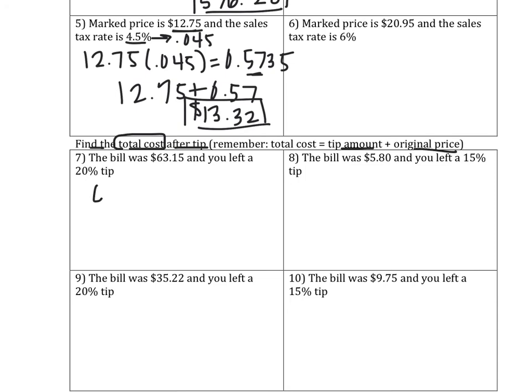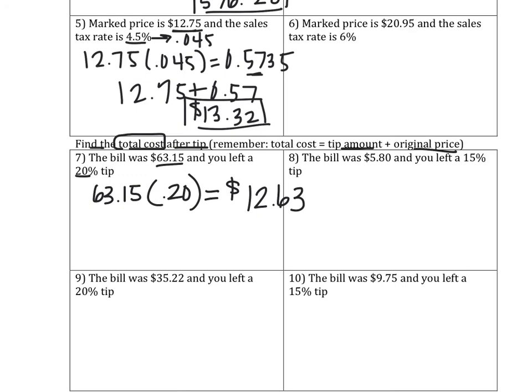So it's going to be $63.15 times the tip, which is 20% of the $63.15. We're going to turn that into a decimal and multiply that together. That's $12.63.